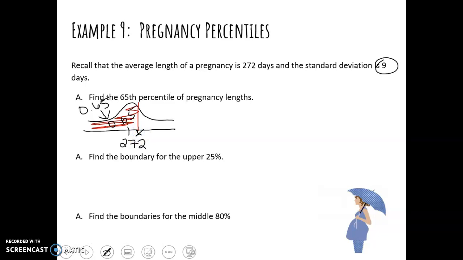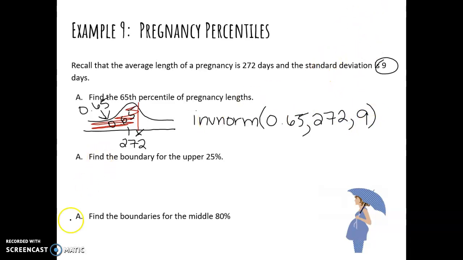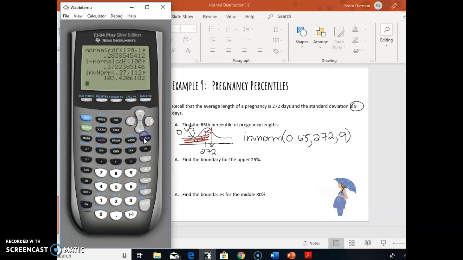So to go backwards and find a boundary, we use Inv Norm. You have to put in the area to the left, which is 0.65, followed by the mean, which is 272, and the standard deviation, which is 9. So, 2nd Vars, number 3, we're going to put in the area, which is 0.65, the same as the percentile we're looking for, the 65th percentile.